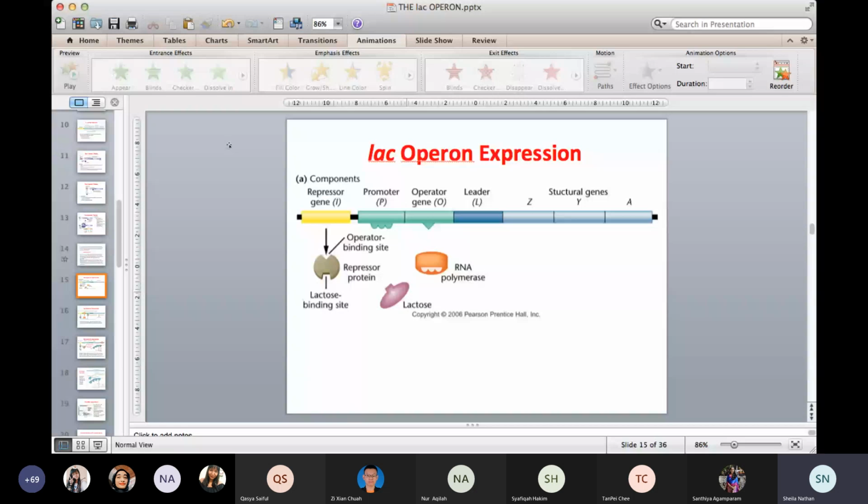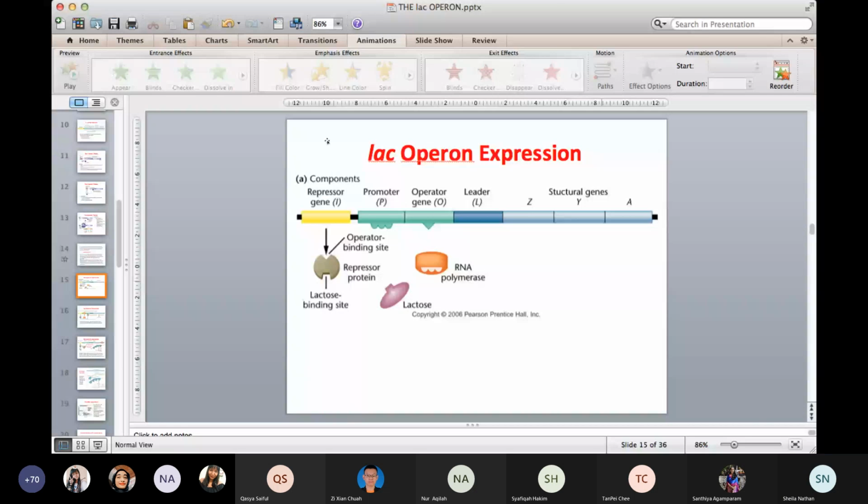It will produce a lot of permease to keep going out, bring some more lactose in, keep going out, bring some more lactose in, and so on, to increase the concentration of the lactose, which keeps being hydrolyzed by the beta-galactosidase, until the amount of glucose starts to get higher and higher.